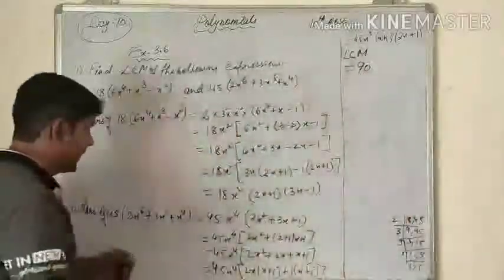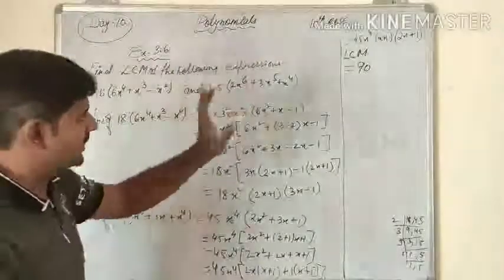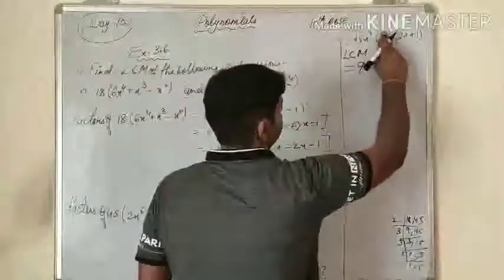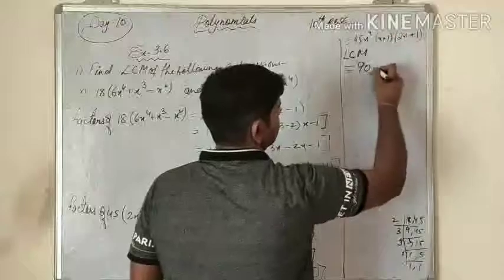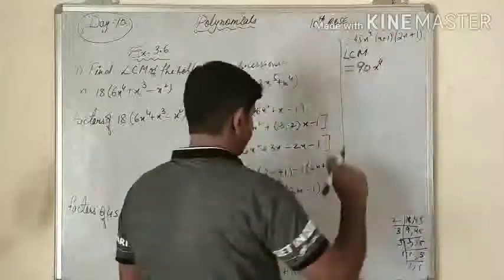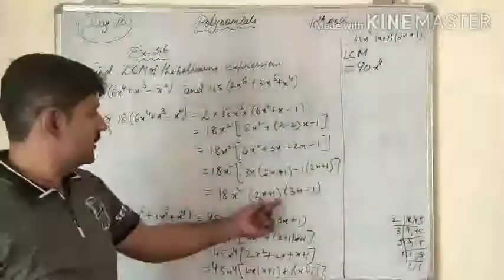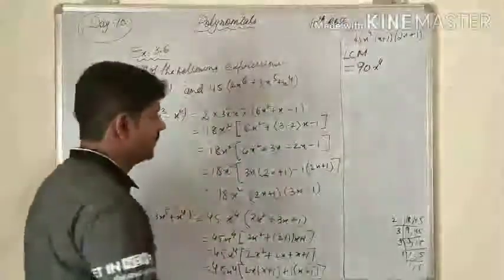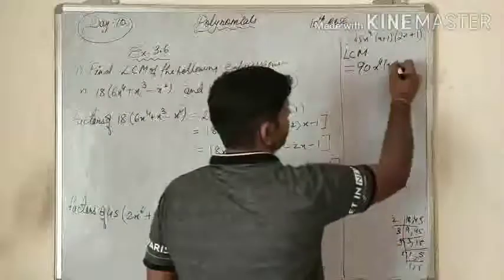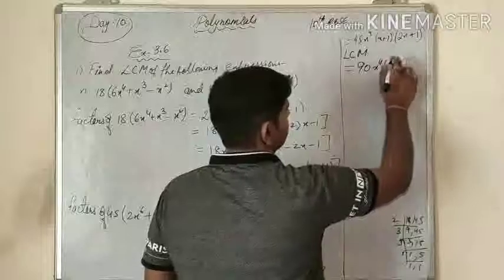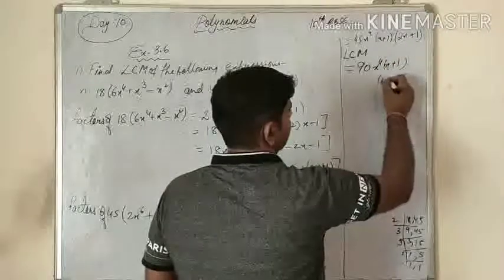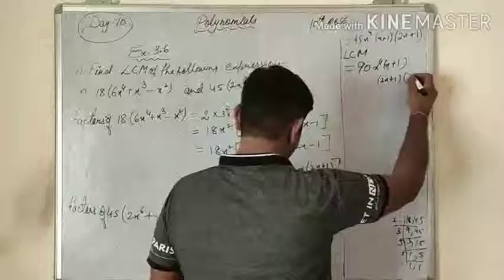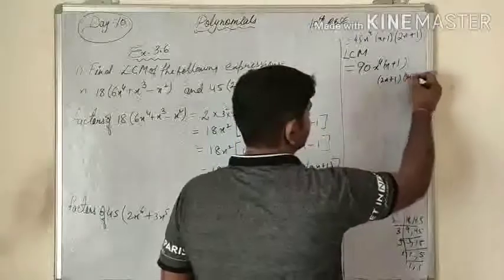There is x square, and that is x raised to 4. So we will write x raised to 4 first. 2x plus 1 is common, so we can write 2x plus 1. x plus 1 we can write. And one more, that is 3x minus 1.